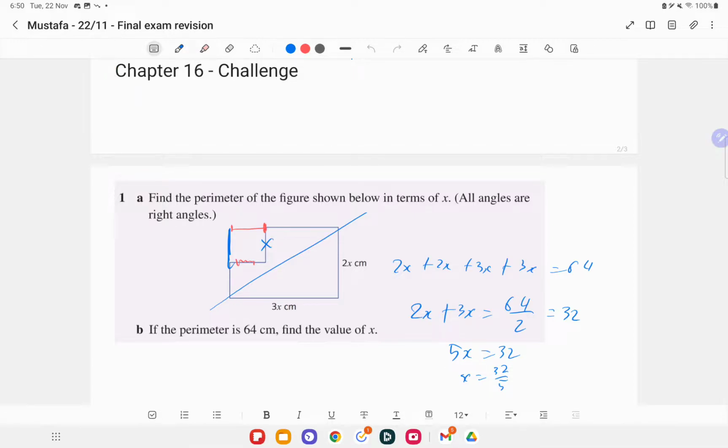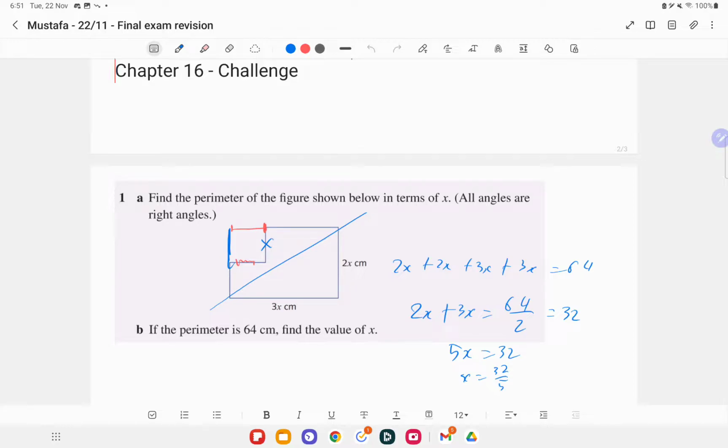Do you know how to do these two questions? These are definitely the harder ones. Wait, let me check if I did it. No, I didn't. Quickly take a screenshot and send me on Discord. I'll quickly go through that question for you.